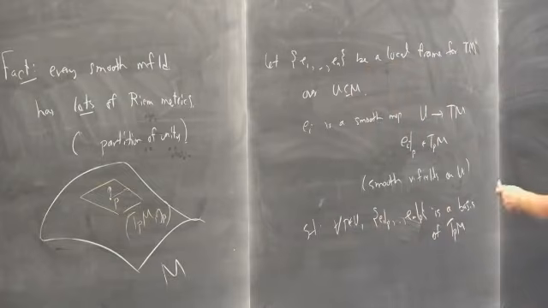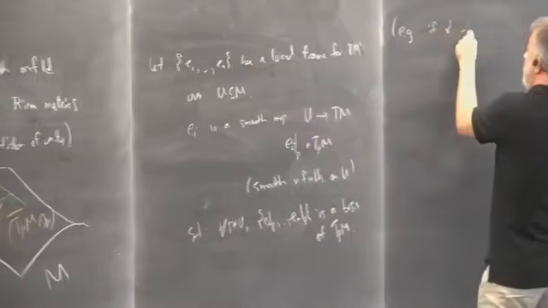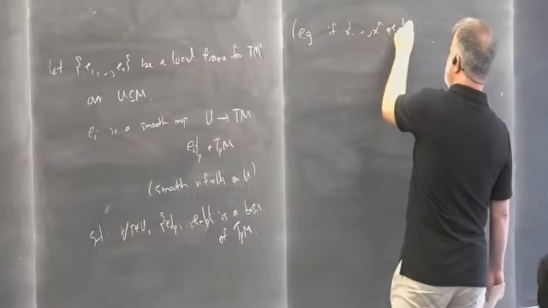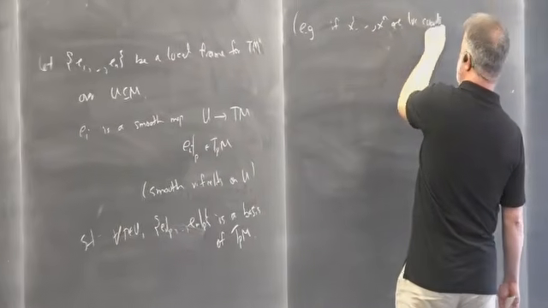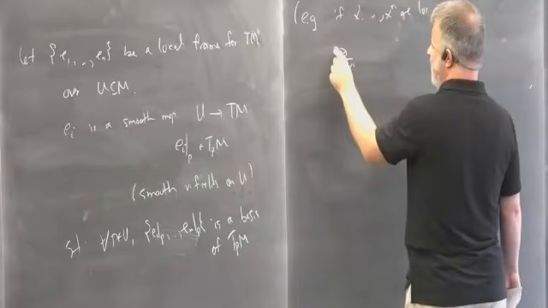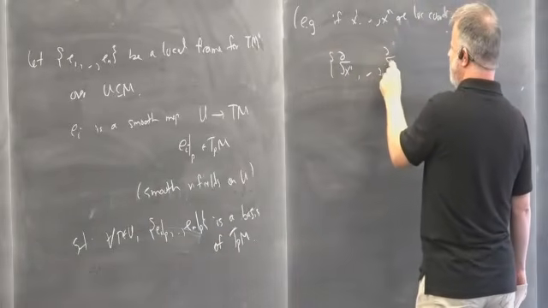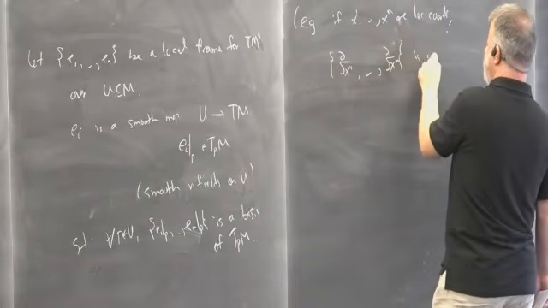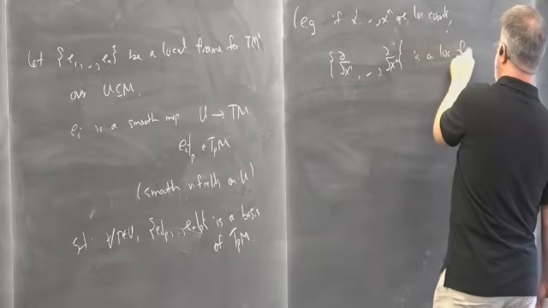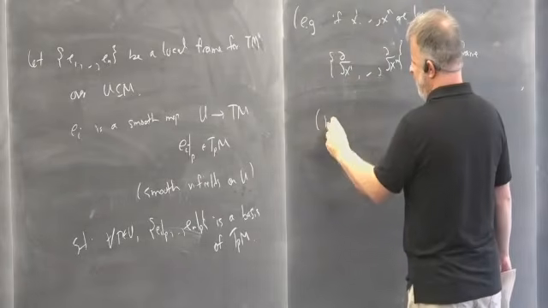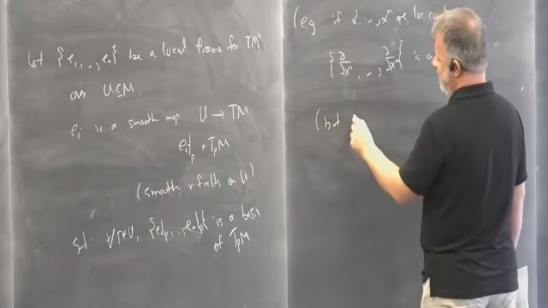And we can always get such a local frame. For example, if x_1 up to x_n are local coordinates, then d/dx_1 up to d/dx_n is a local frame.